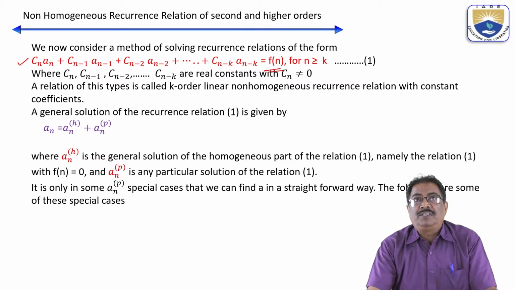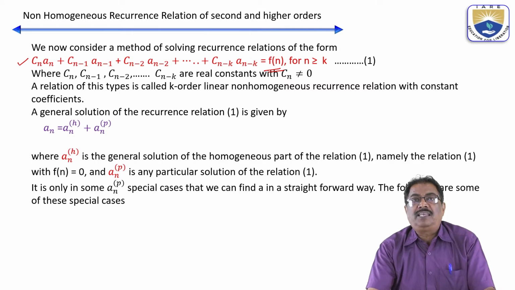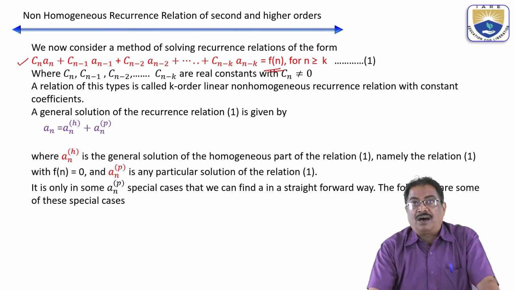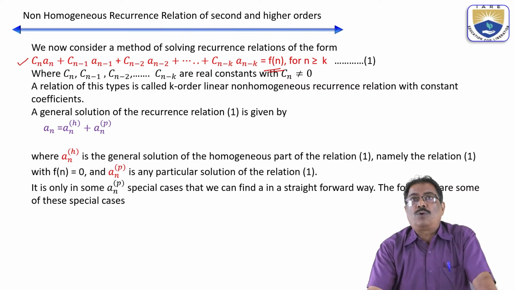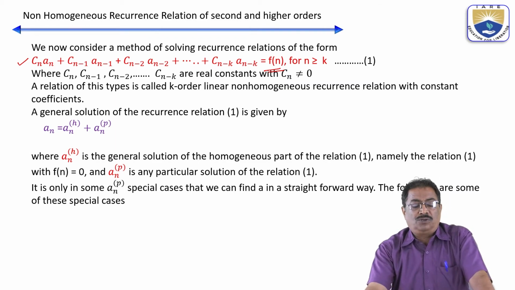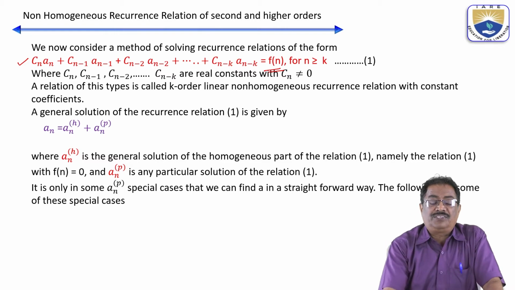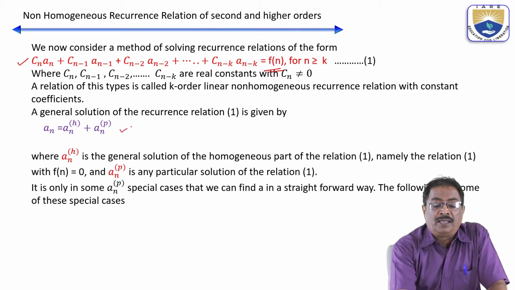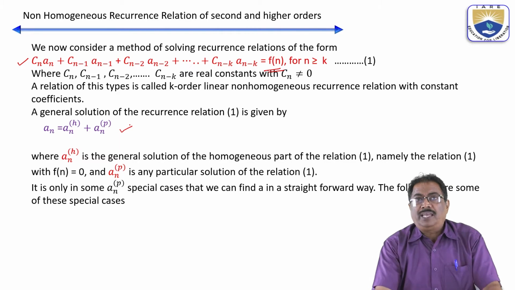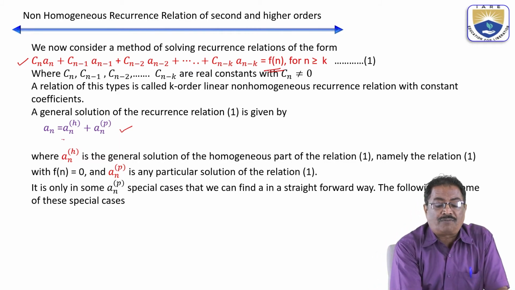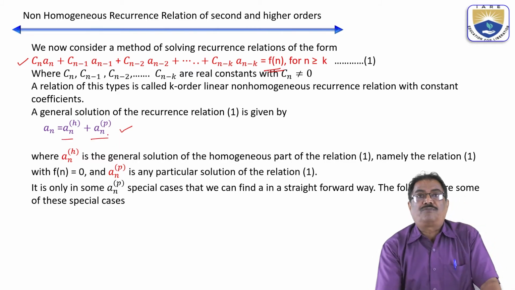Why am I taking constant coefficients? Because Cn minus 1, Cn minus 2 and so on up to Cn minus k are constants, so we are calling it constant coefficients. To solve any non-homogeneous linear recurrence relation, the solution must be of this form: an to the power of h plus an to the power of p.